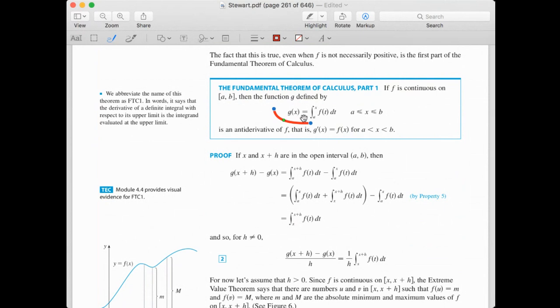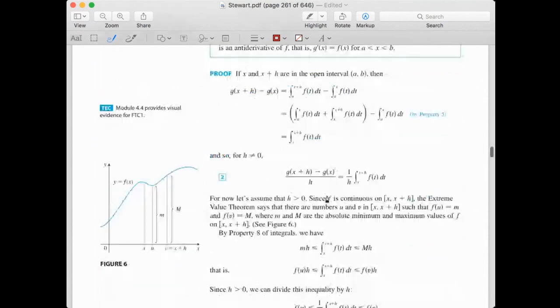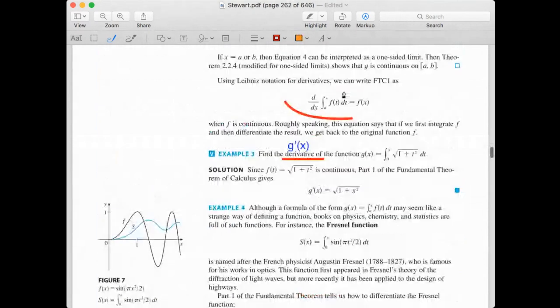Then we take a derivative of this side too. So this equation is saying, let's take a derivative on both sides. Let's start with g prime of x.